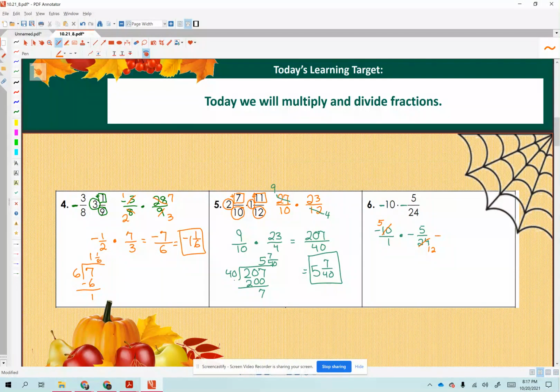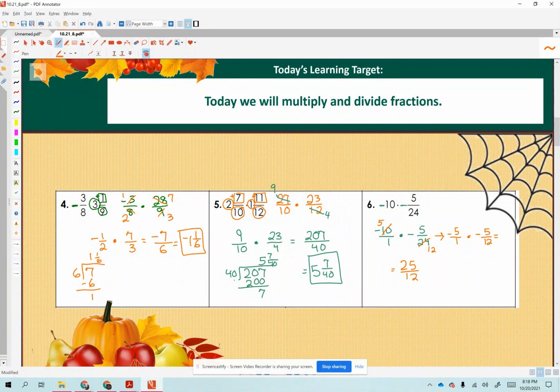So 10 divided by 2 is 5, and 24 divided by 2 is 12. So then I can rewrite my problem as -5/1 times -5/12. And then I will just simply multiply. -5 times -5 is +25, and 1 times 12 is 12.